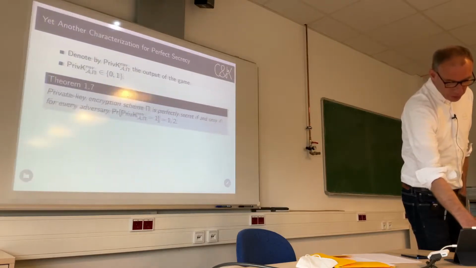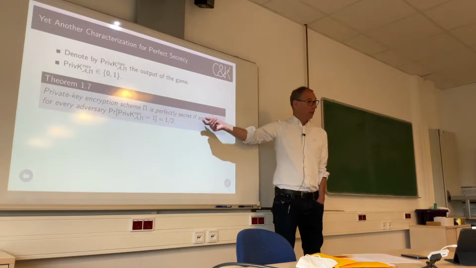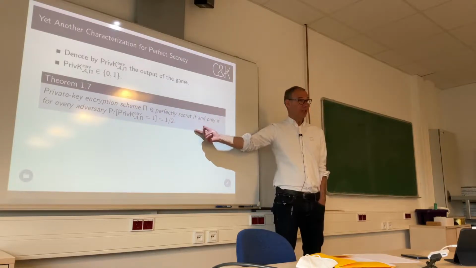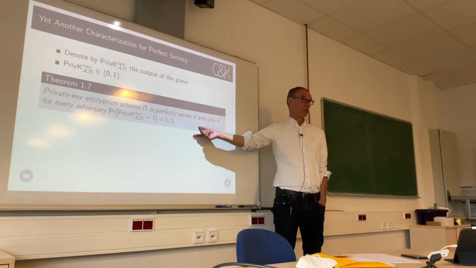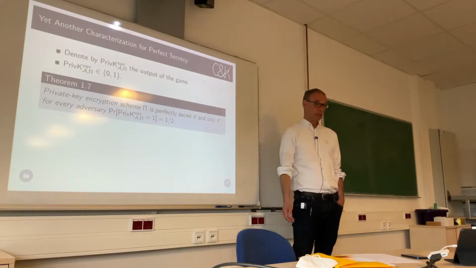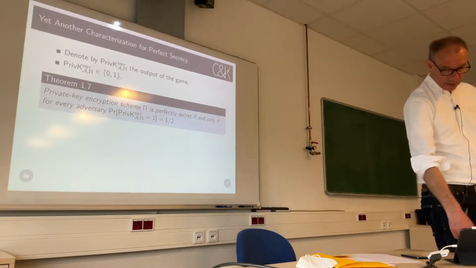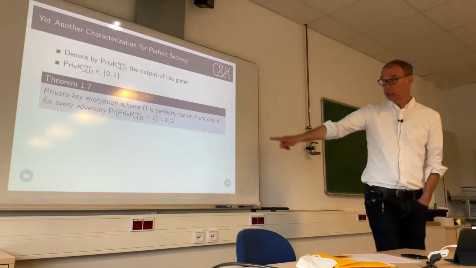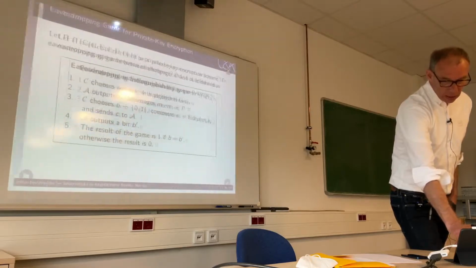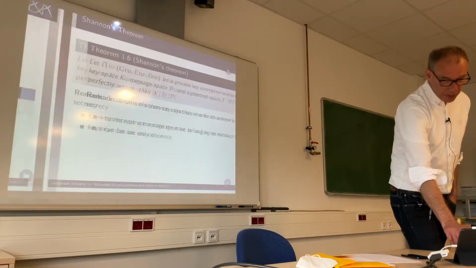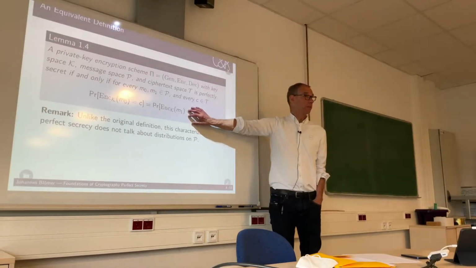And so also what I want to say, this is an if and only if. So if it's perfectly secret, then for every adversary, this is 1/2. And if this is 1/2 for all adversaries, then it's also perfectly secret. So it goes in both directions. The one direction we briefly discussed, namely that if it's perfectly secret, then this is 1/2. And this follows basically directly from this characterization.